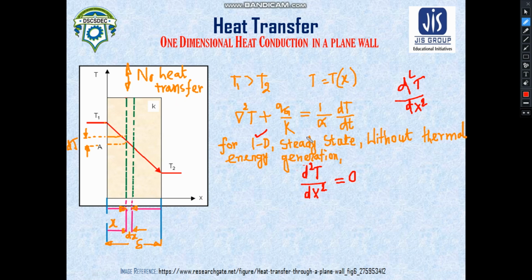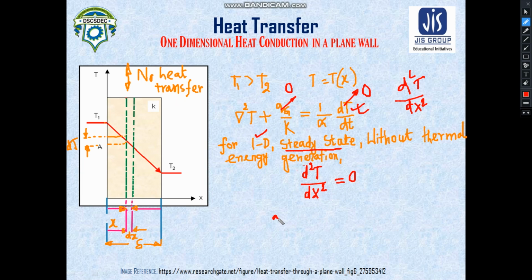And whenever we are considering the steady state, that means the temperature, which is a property of the system, remains invariant. That means this dT/dt becomes 0, and without any thermal energy generation, this qg is 0. So this equation, which was so large here, just reduces to a simple equation like this.